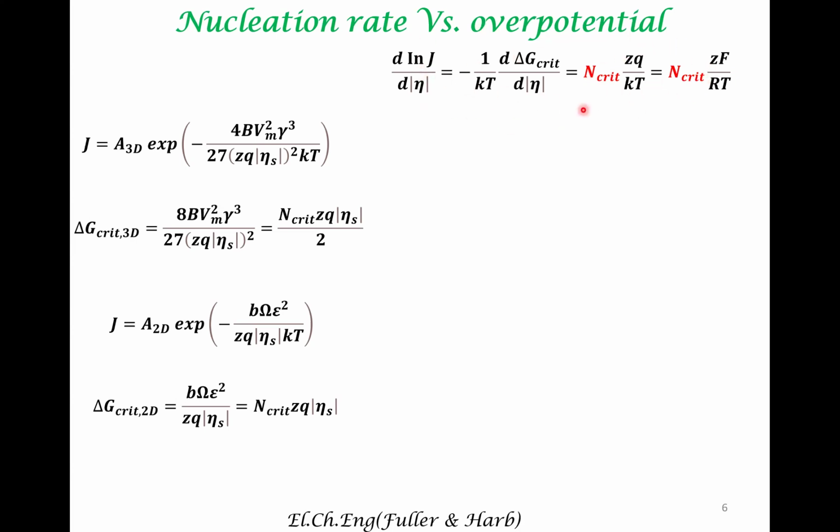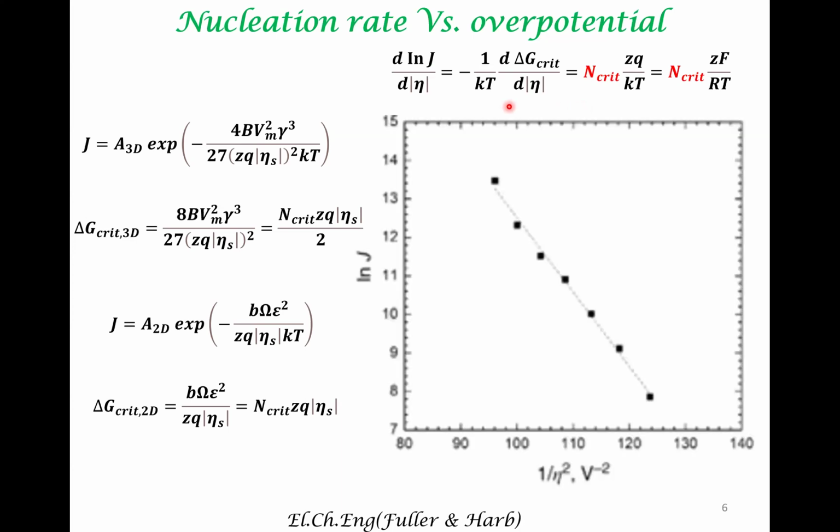That is what we show in this expression with very simple mathematical manipulation for 2D nucleation. You can get this quantity. You typically plot, either for 3D nucleation or 2D nucleation, ln J versus 1 by eta squared. The slope gives you this particular quantity.